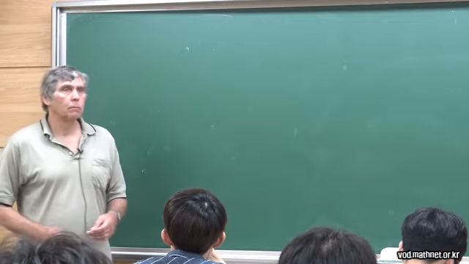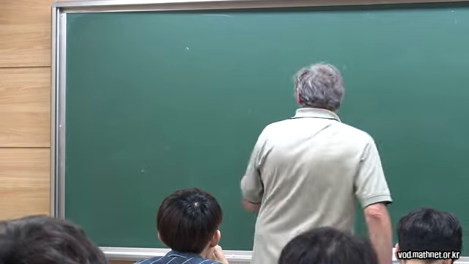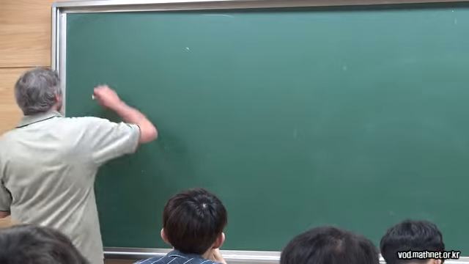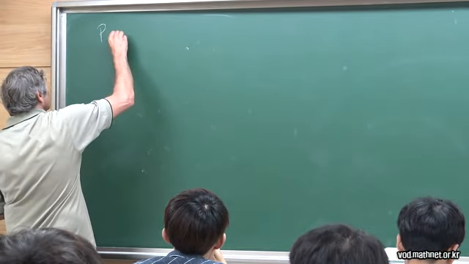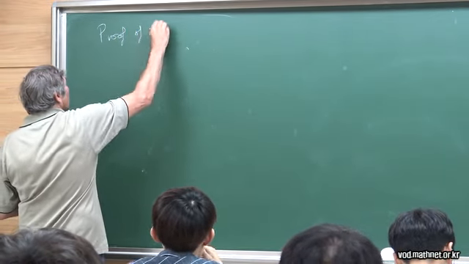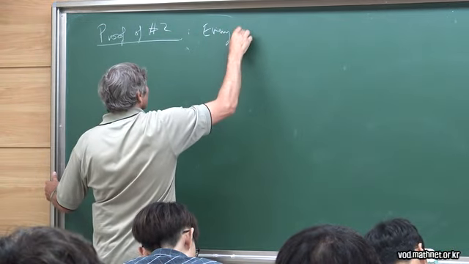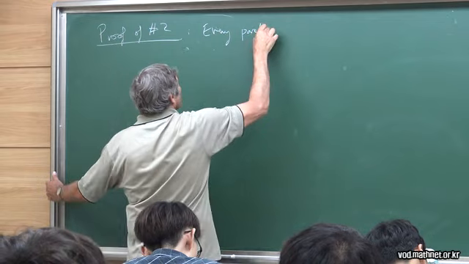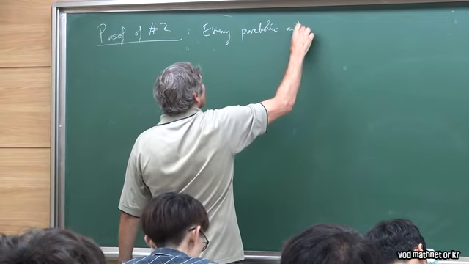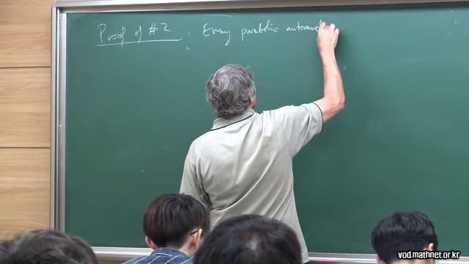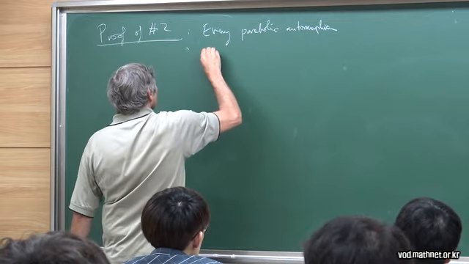Okay, so we have 25 minutes, so maybe I'll say something about proof of 2. Number 2 is that every parabolic automorphism is reducible.